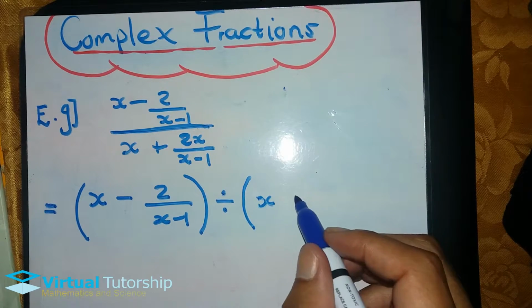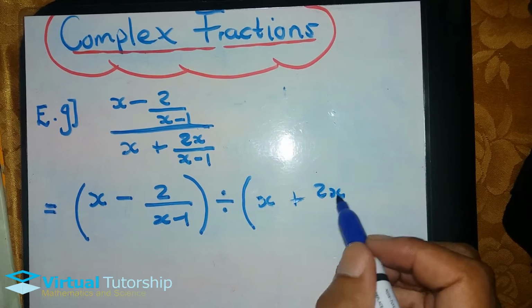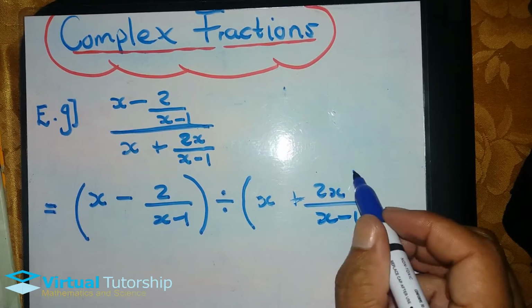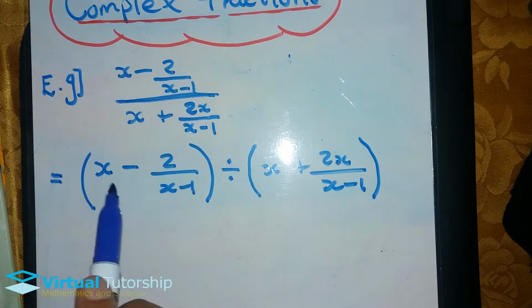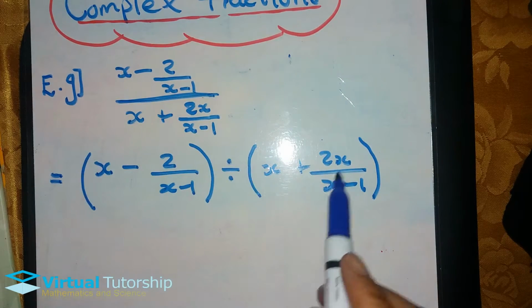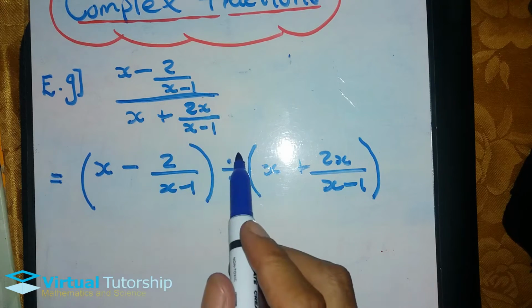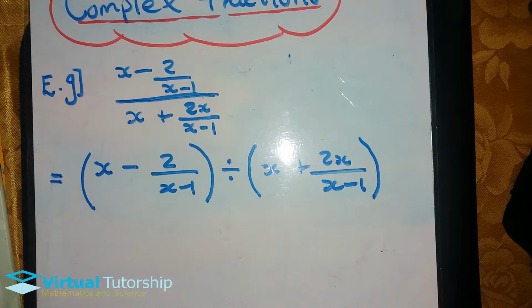So it's about x plus 2x over x minus 1. So look, what I did is I wrote the numerator as it is and the denominator as it is. I just removed the line and wrote a division sign. If you write it like this, it makes things simple.